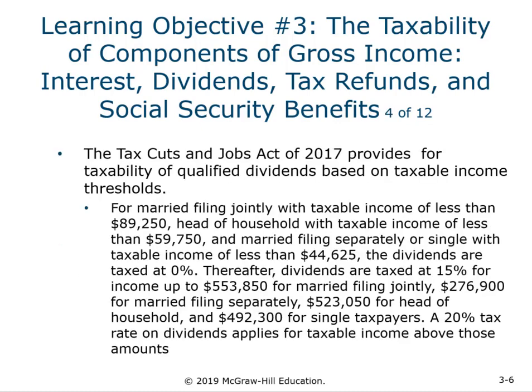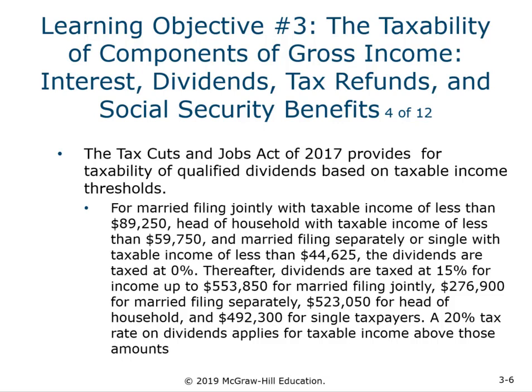So as we go to the next slide, we find that dividends have a special tax treatment. That does not change that they're included in our income, whether they're qualified or unqualified. This is only for qualified dividends. They have a special set of tax brackets.